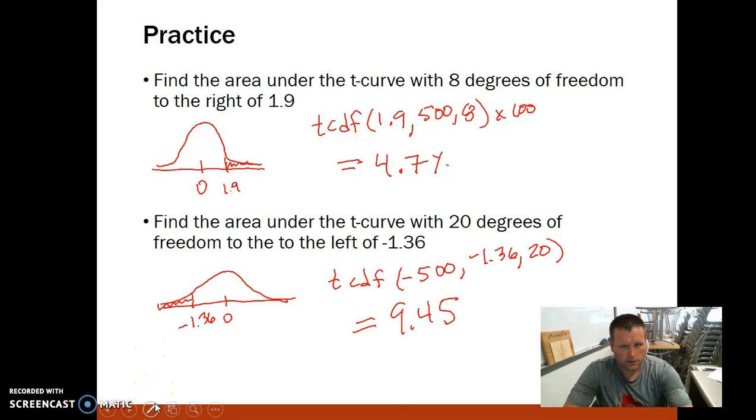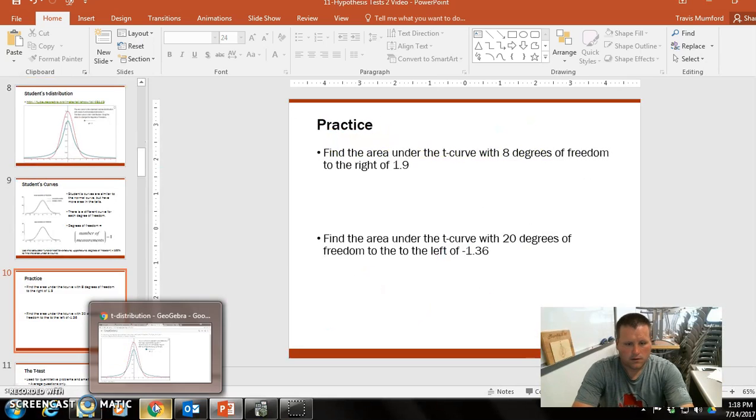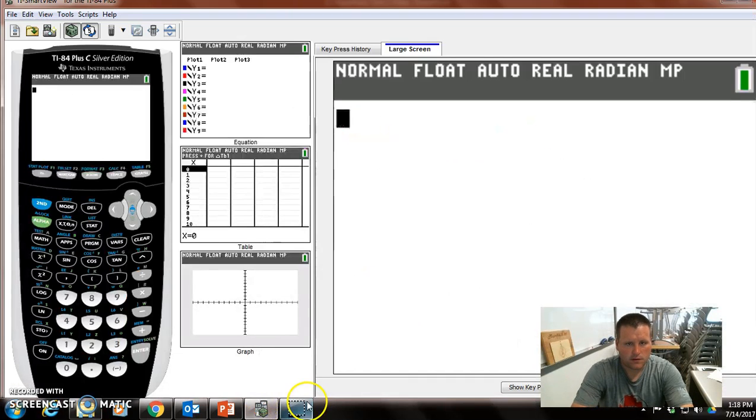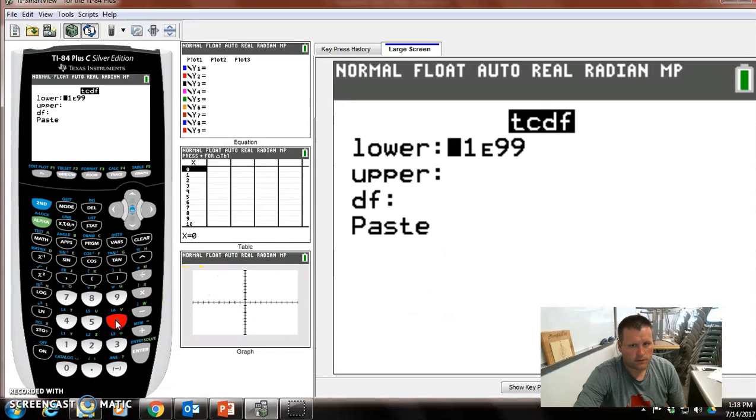So let me just show you this on the calculator really quick. On our calculators, we're still going to go to this distribution. So we'll go second vars. And if you notice, TCDF is option number 6 here. So we hit that. We're going to hit our lower bound. On the one, it was when we went from 1.9 up.